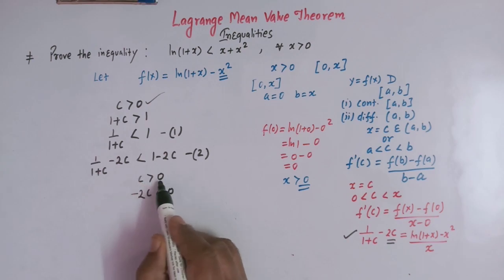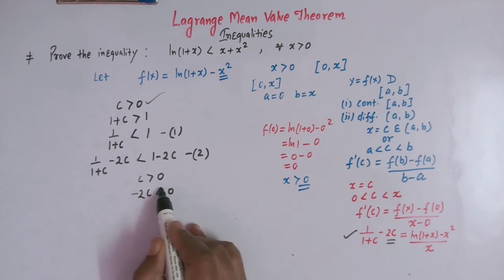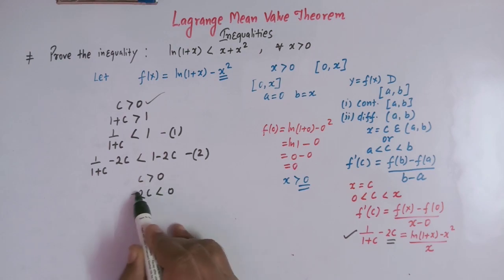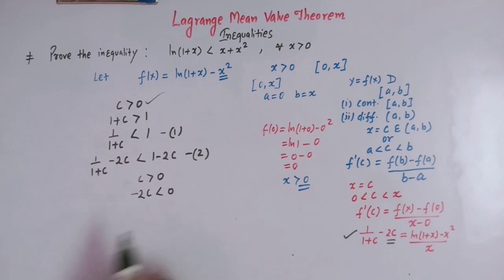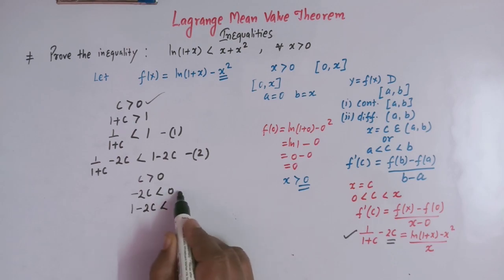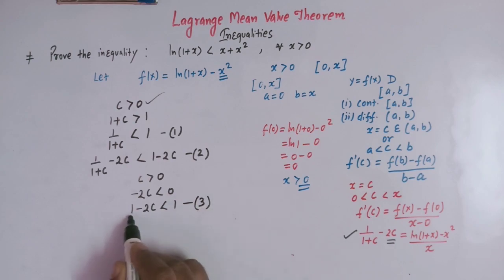When c is greater than 0, we multiply both sides by minus 2, so we get minus 2c less than 0, because we are multiplying with a negative number, so the direction of the inequality gets reversed, right? And now we'll add 1 to both sides. So we have 1 minus 2c is less than 0 plus 1, that is 1, right? So now 1 minus 2c is less than 1.